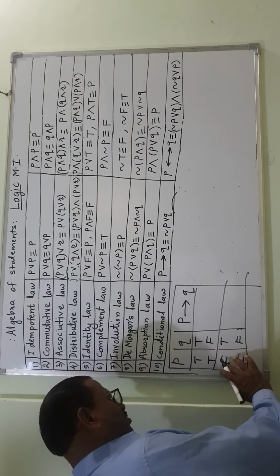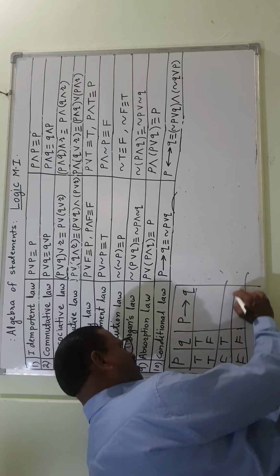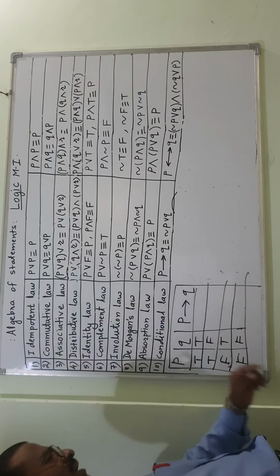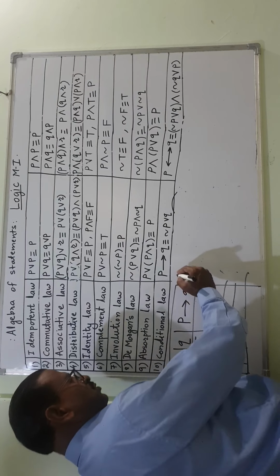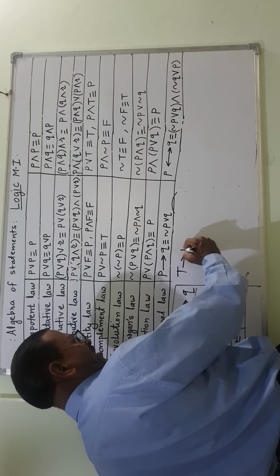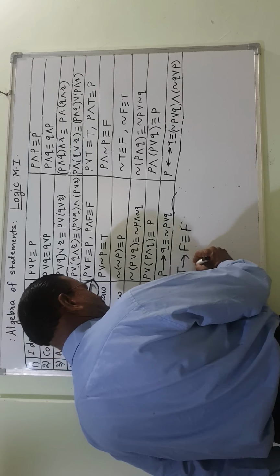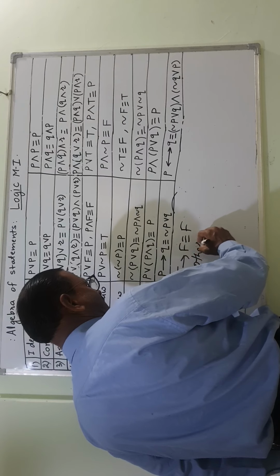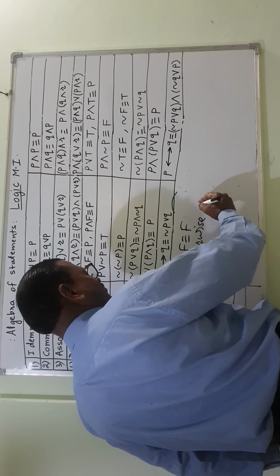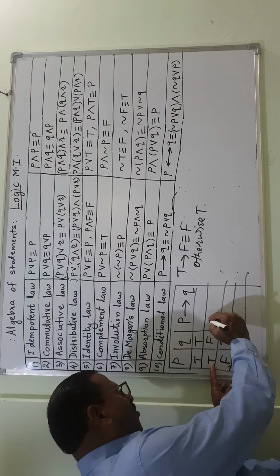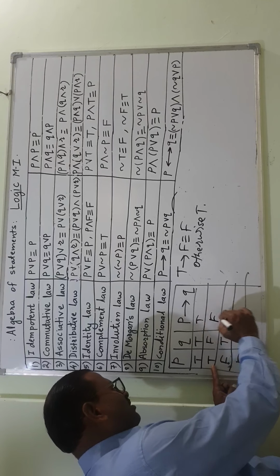In the first lecture itself, in the introduction, I have told you that in the implications, true implies false is false. True implies F is F. Otherwise true. That means this is false and all these values are true.